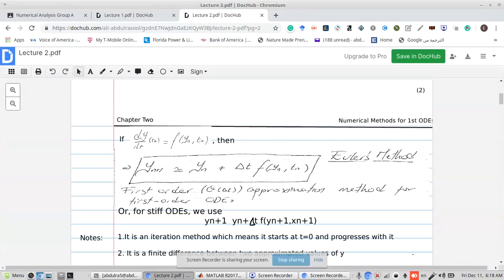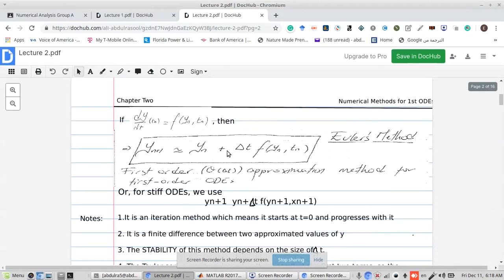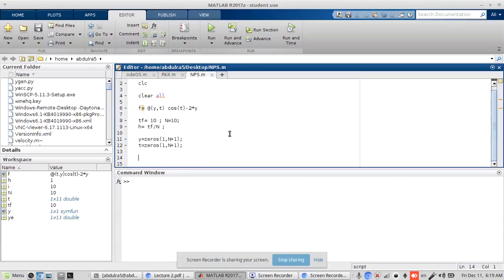So let's look at the form again. Since I have n plus 1, that means I have a series.